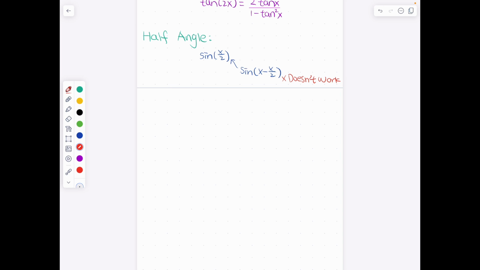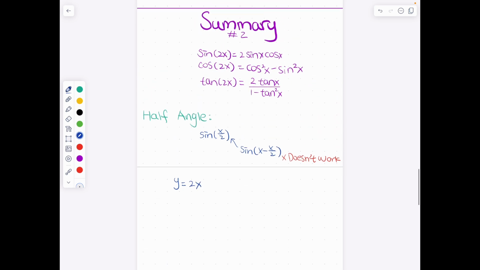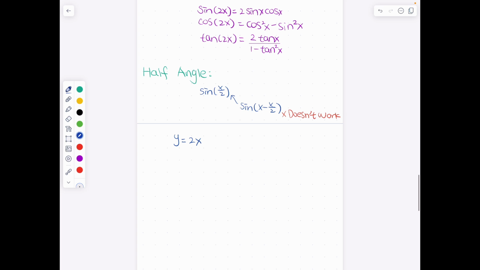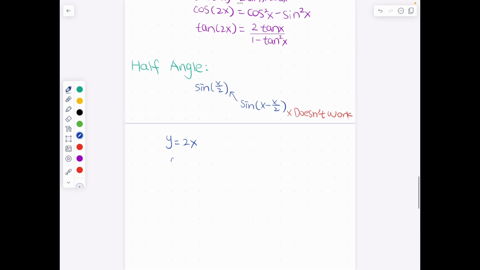Okay, so a better way, I would say, to approach this problem is to say, let's say y is equal to 2x. So let's say cosine of 2x is equal to cosine squared x minus sine squared x.